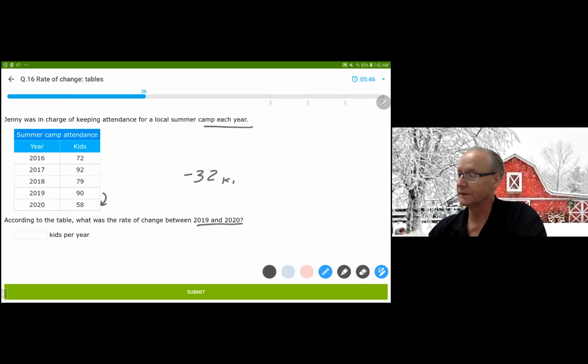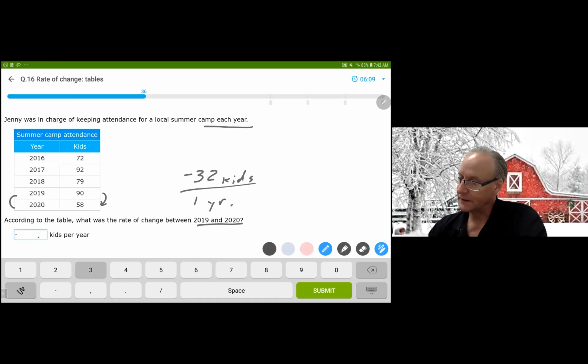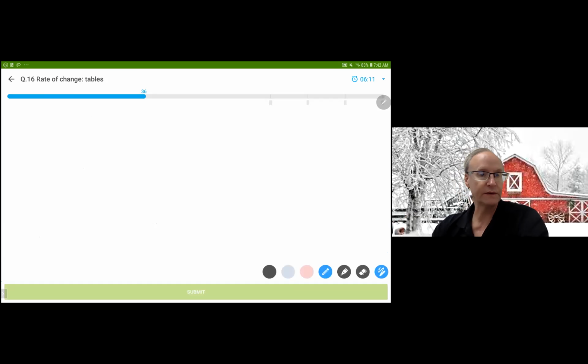Or kids, in this case, kids, per, and this was over a period of 1 year. Now we could do this as a subtraction, but remember that in order to get the negative 32, I have to subtract the 58 minus the 90. Whichever makes more sense to you. To me, it makes more sense talking about it going down 32 kids per year. And that is a negative 32. You do have to put in the negative with that one.